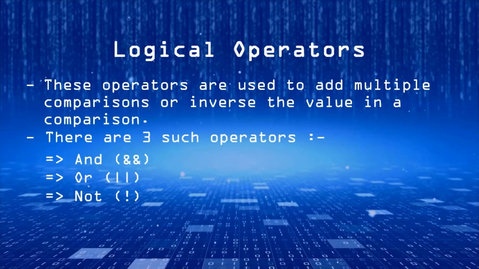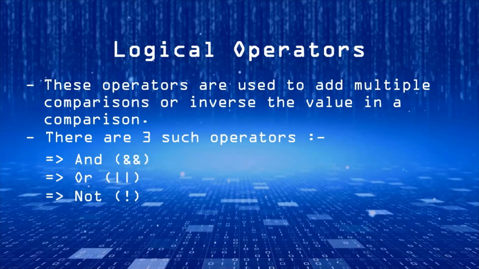And that would return just one value. But if we want that 2 should also be equal to 5 and it should also be equal to 2, so 2 does not equal 5, so that will return false, and the whole comparison will even return false.